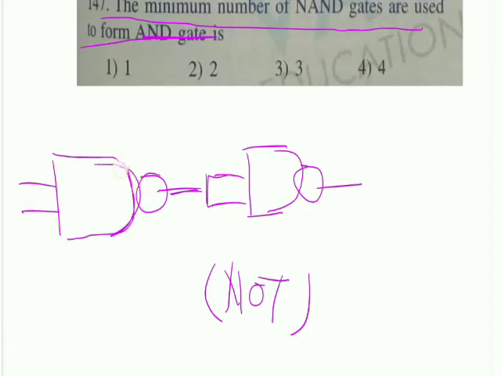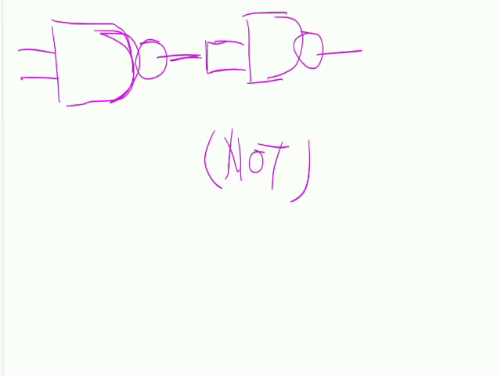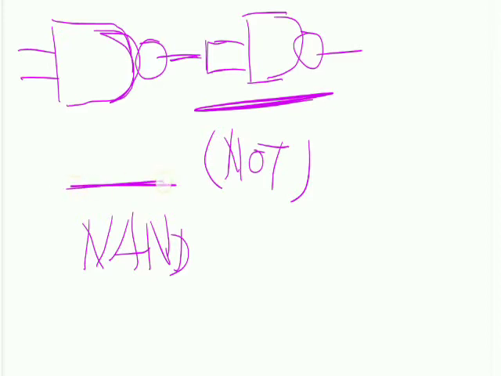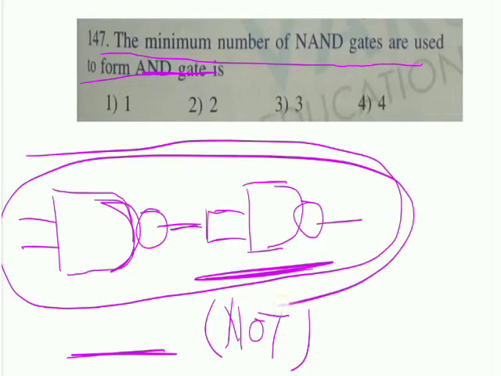According to Boolean algebra, a NAND gate followed by a NOT gate, the bar gets cancelled, and we get an AND gate. So two NAND gates are required to make an AND gate. Minimum 2. Option 2.